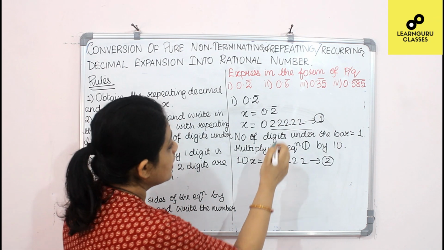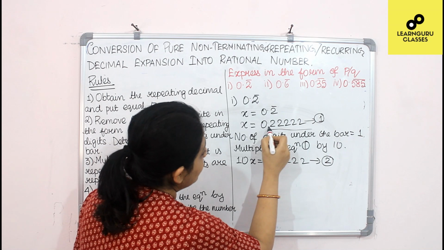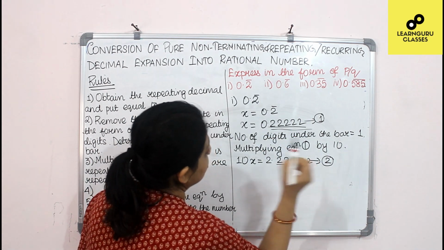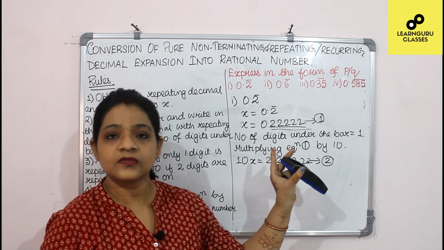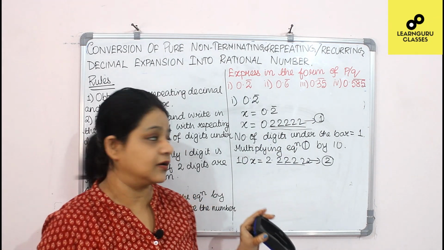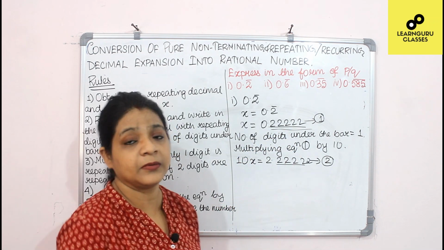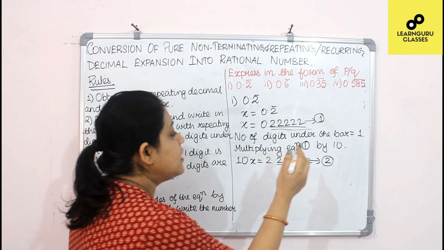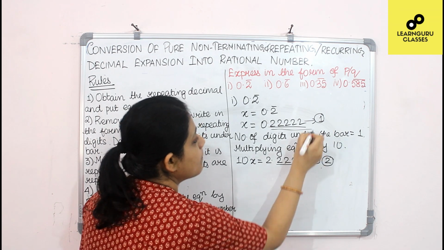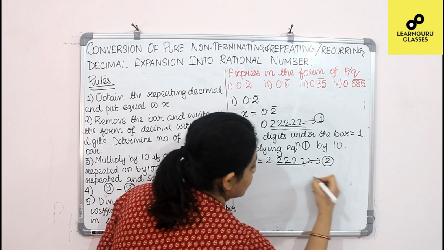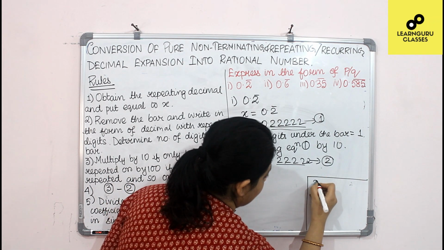If you see the number of digits after the decimal, how many times you write 2 does not matter. Since here I have repeated it 5 times, there also I have repeated it 5 times. So if I subtract equation 1 from equation 2, let me do the rough work here.